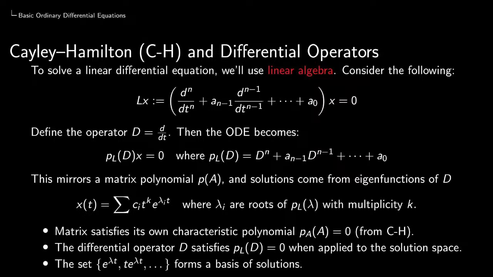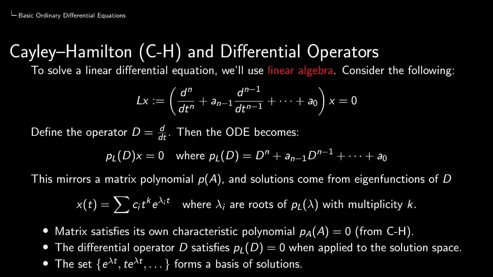This is connected to what is called the Cayley-Hamilton theorem out of linear algebra, where you generate this characteristic polynomial by means of a determinant of the matrix A minus lambda I. This becomes a polynomial, and the solutions to that polynomial tell you what are the appropriate values of lambda to generate solutions from.